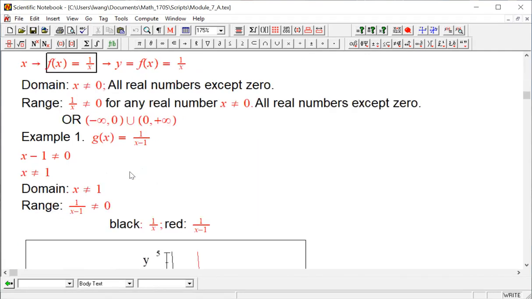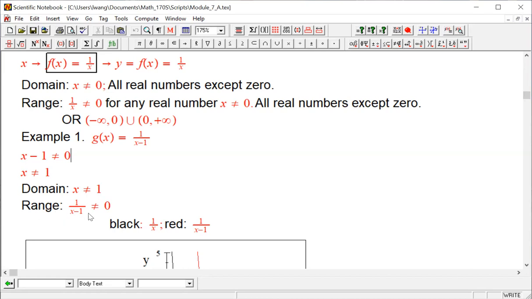For example, if we have a function g of x, this is our first example. To determine its domain, we can set x minus 1 not equal to 0. If x minus 1 is not equal to 0, then x cannot equal 1. Then the domain would be x is not equal to 1.